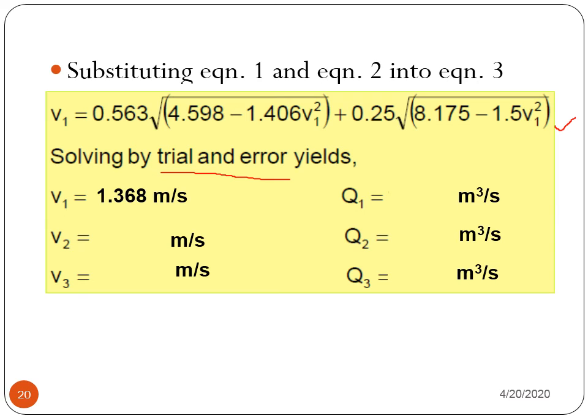So the answer that I found is 1.368 meter per second. And then after you have calculated V1, you calculate Q1. Q1 is A1 times V1. Repeat the same steps to find V2 and V3. To find V2, use the previous equation for V2, and the same goes for V3.